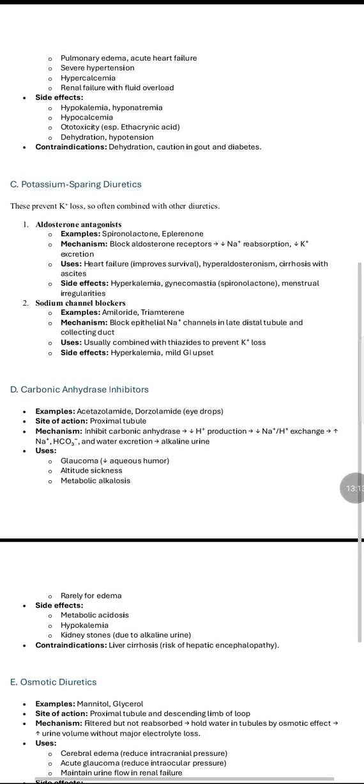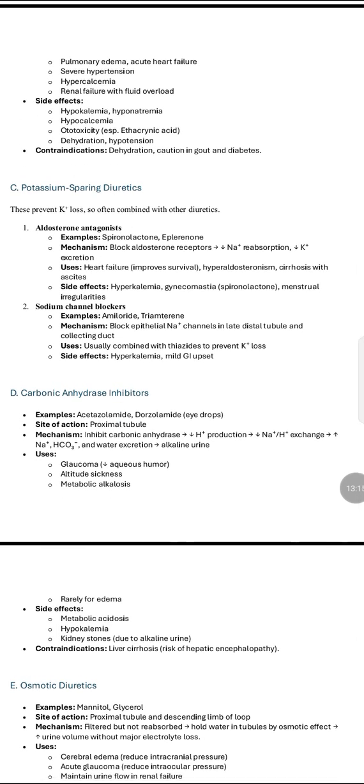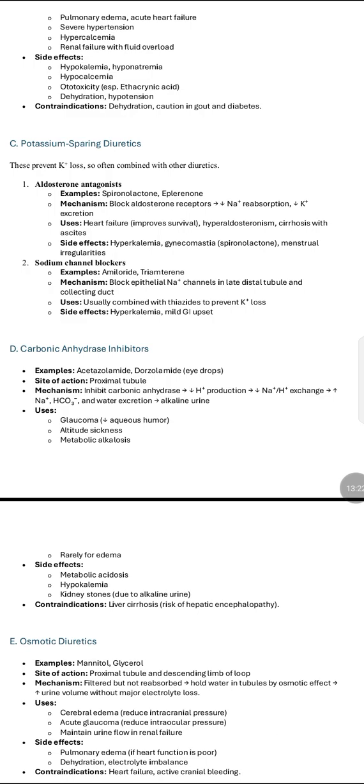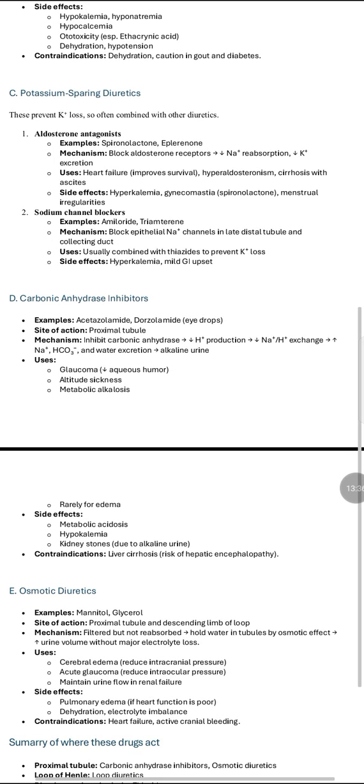So how are you going to remember that sodium reabsorption is governed by aldosterone? Just remember Na. A for aldosterone, then we've got sodium for aldosterone. That's about that. Sodium channel blockers like amiloride, triamterene, they are also very important drugs.